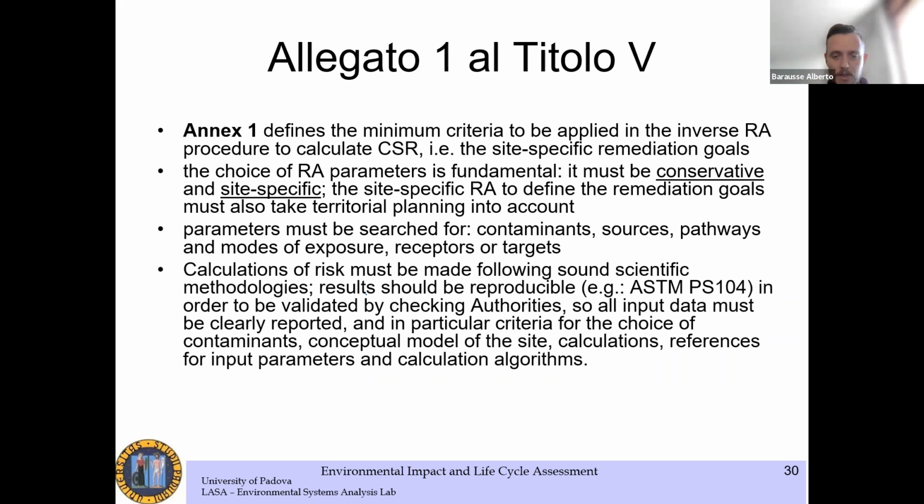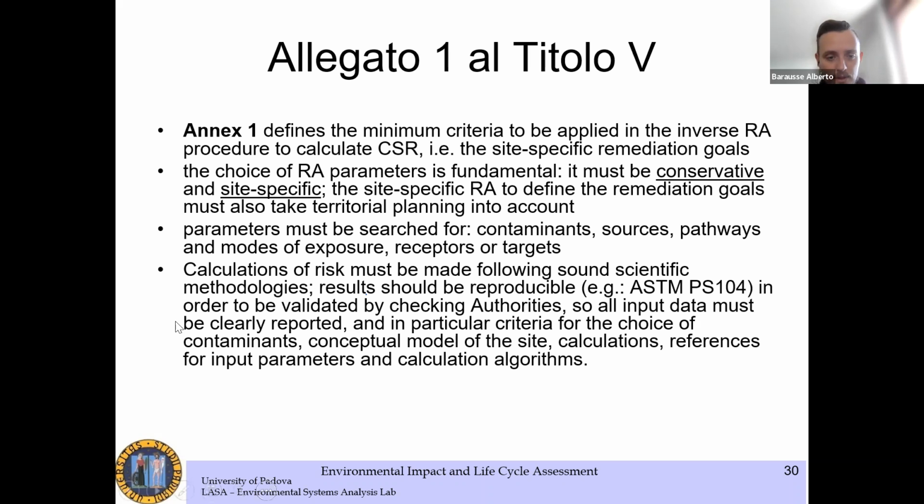And so what you need to characterize are, of course, the contaminants, the sources of contamination. We'll see all of this, the pathways through which the contaminants reach the targets, and the modes of exposure and the targets. So, for example, the types of people, the age, the weight, and so on, that may be affected by the contaminants.